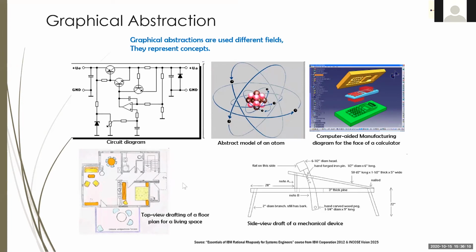Or maybe we have a mechanical engineer who may be a lot more familiar with these types of diagrams. So the type of model you use to represent the characteristics that are important depends on your application domain. Okay?